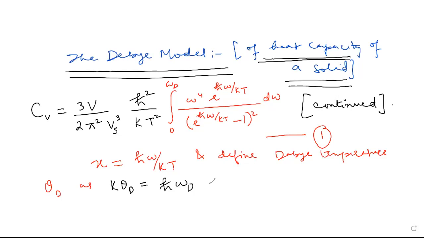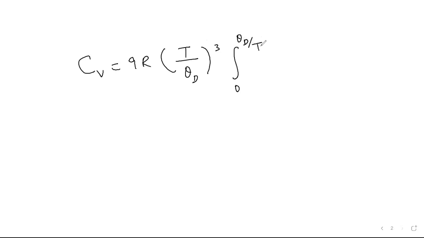When we do this, equation 1 becomes Cv is equal to 9R times T over theta d whole cube, integral 0 to theta d over T, x raised power 4 e raised power x over e raised power x minus 1 square dx.